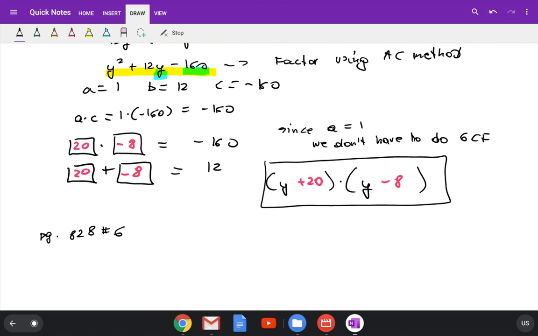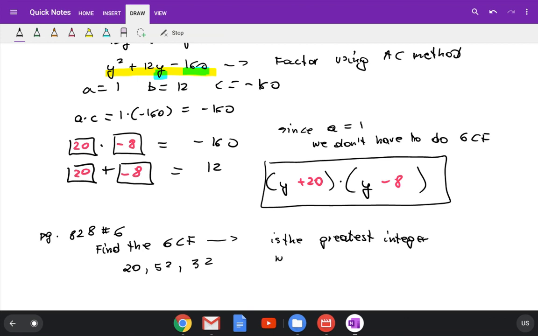Find the greatest common factor. Okay, and we have 20, 52, 32. So again, greatest common factor is the greatest integer which can divide all three numbers.